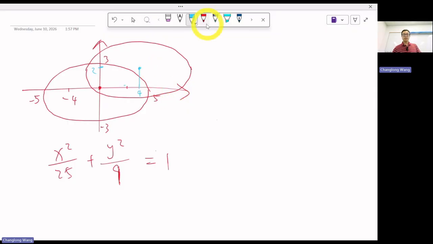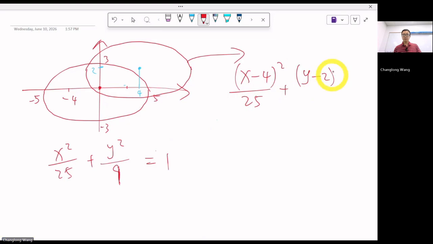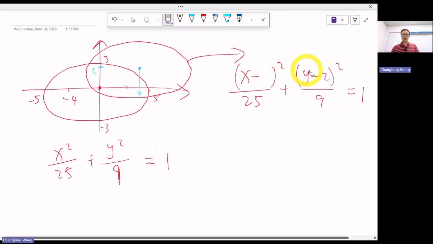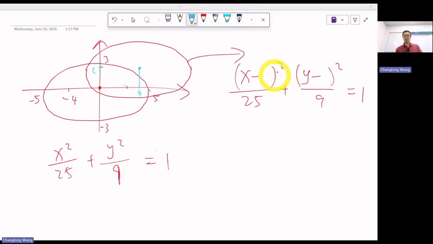The new ellipse is (x minus 4) squared over 25 plus (y minus 2) squared over 9 equals 1. Now I should have used the same color for the 4 and 2.